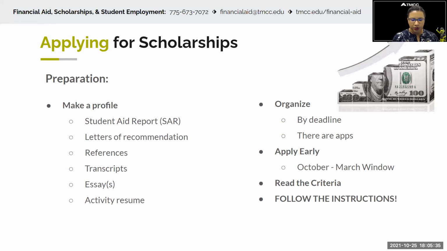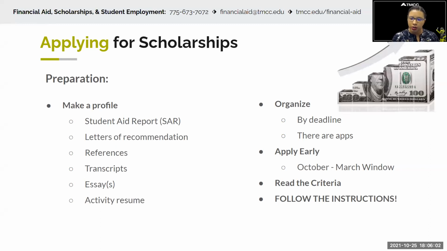And then an activity resume. What I mean by that is just a list of dates and times that you were involved in community service or sports or your church or anything where you're trying to either personally improve or help improve your community.